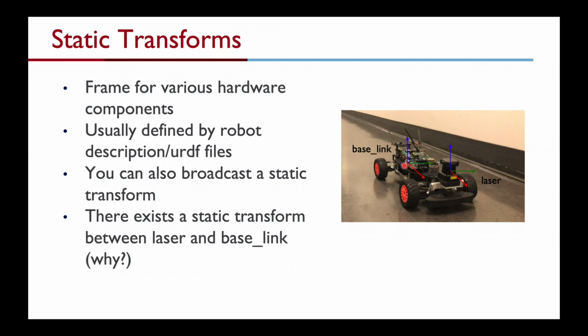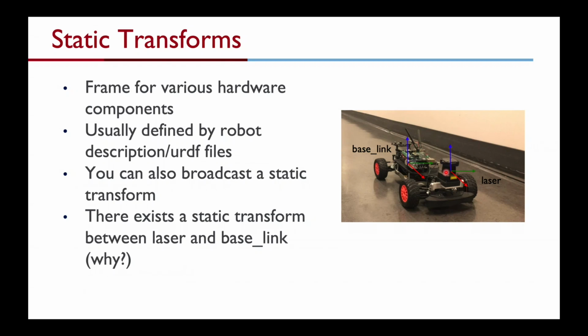Remember how the base link is placed on the center of the rear axle of the simulated and the real car, and in this image the LiDAR is placed at the front. It could also be placed at the rear or top of the car. The point is that there is a static transformation between these two coordinate frames.